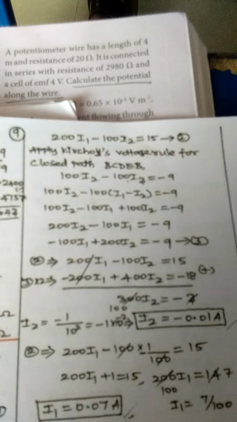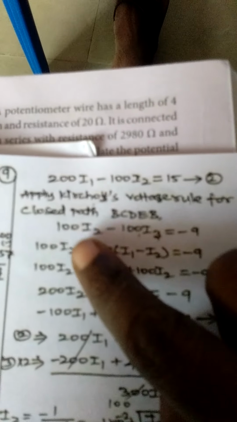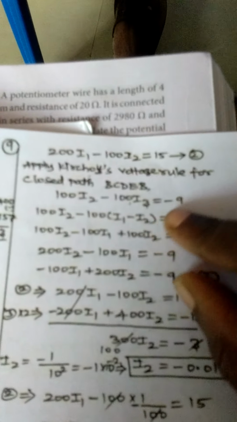Now I am writing here. Applying the Kirchhoff voltage rule for the closed path B, C, D, E. Taking this part: 100 I2 minus 100 I3 equals minus 9.